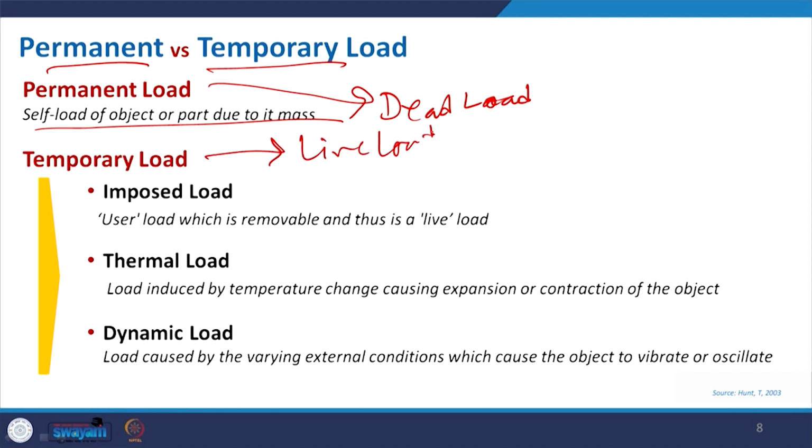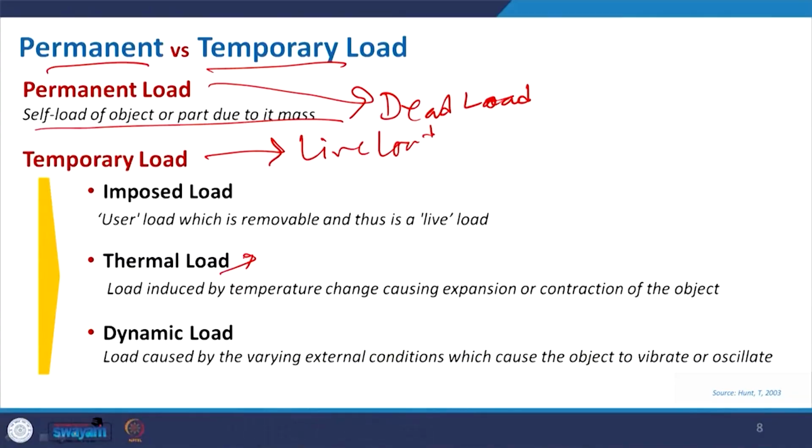Now, in temporary load there are certain ways of defining it. One is imposed load, second is thermal load, and third is dynamic load. So, what is imposed load? Basically the user defined load. It includes everything from human beings to furniture or all machinery that we use. Thermal load is related to the heat: due to change in temperature, what load will be applied to a structural component or building.